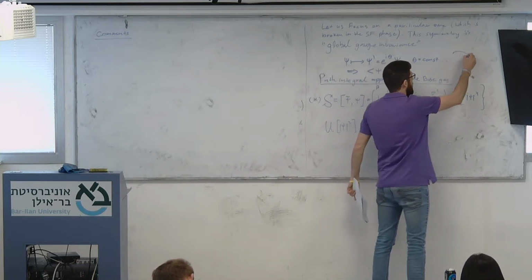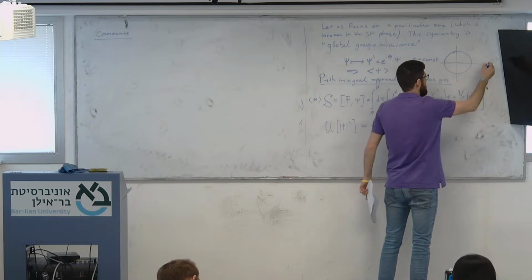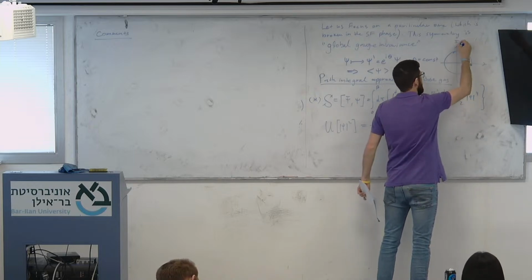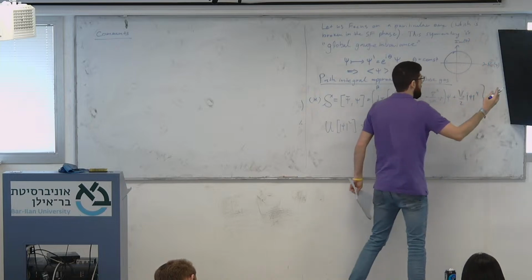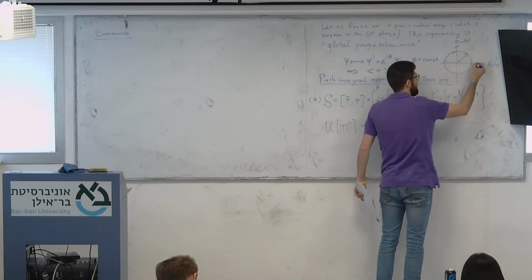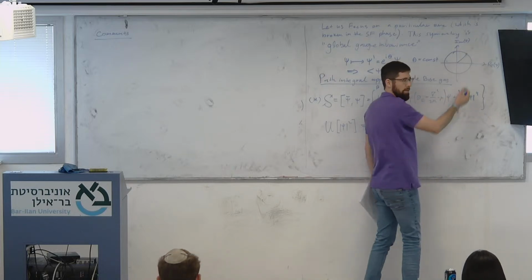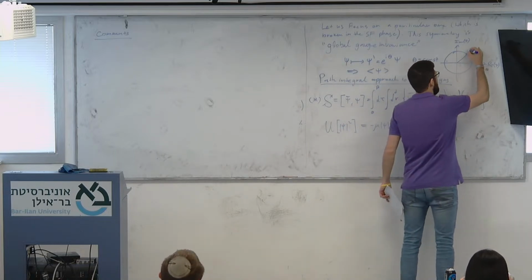So if I'm looking at this in the space of imaginary of psi and real of psi, here I have this ring, which is all the degenerate minima of this potential.